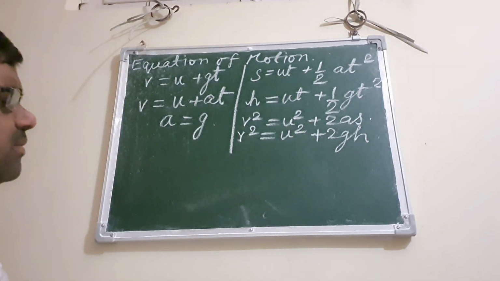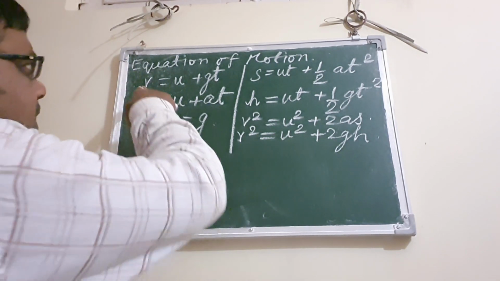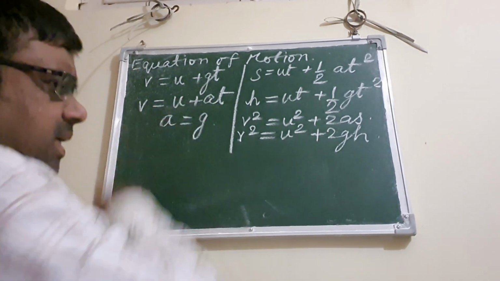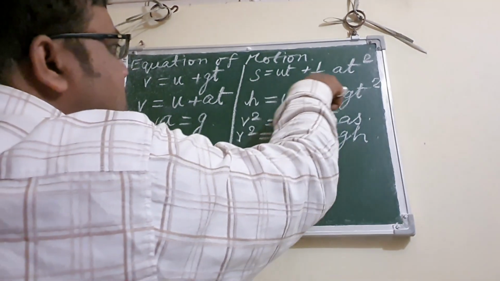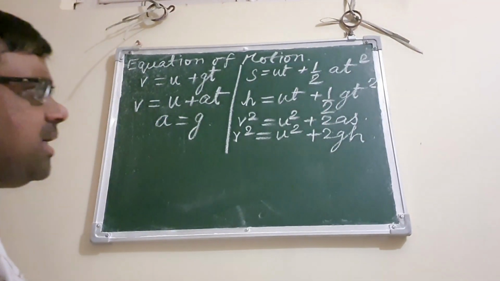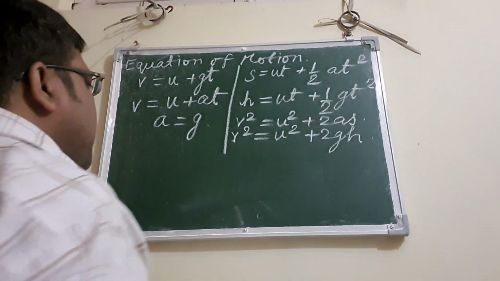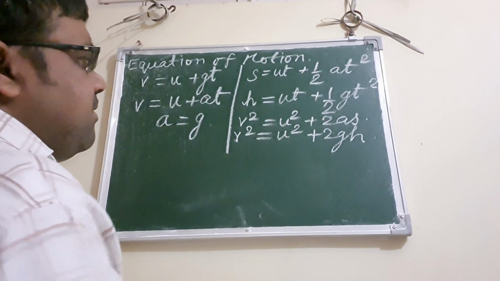So our equations will be transformed like this: v is equal to u plus at becomes v is equal to u plus gt when we talk about gravity. S is equal to ut plus half at square will be changed to h is equal to ut plus half gt square, where a is equal to g, acceleration due to gravity.